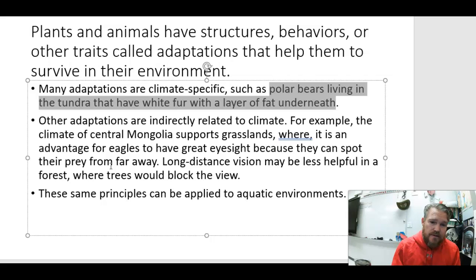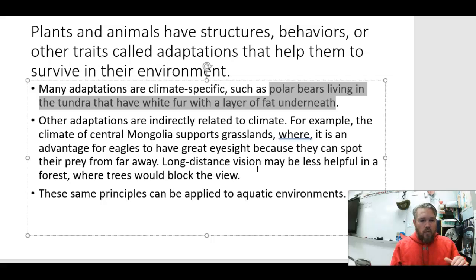In polar regions, seals have that same blubber that keeps them warm. And in coral reefs, some sharks have really keen eyesight that helps them see critters on reefs. So all of these principles can be applied to aquatic environments as well.